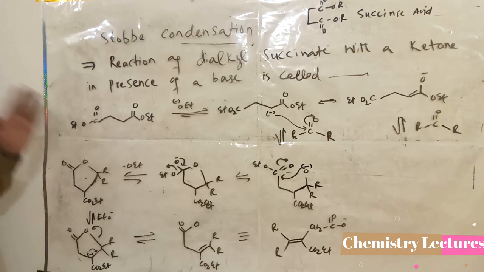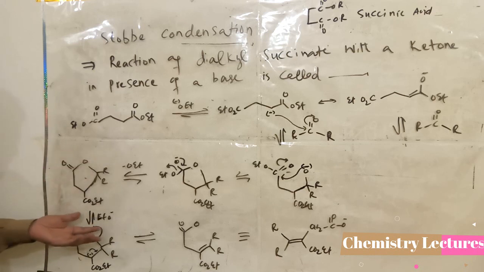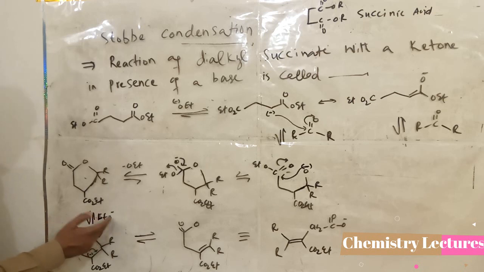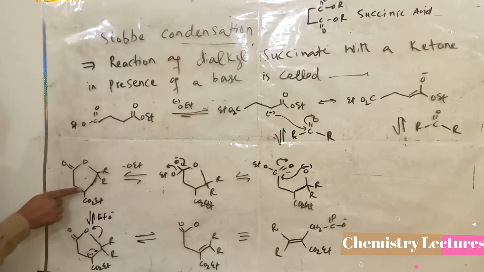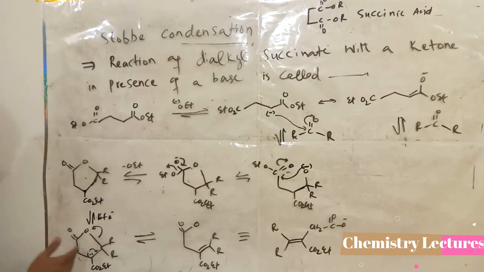In the same reaction conditions, another base molecule is present. This base molecule will remove the proton from this carbon, which is the alpha carbon, because this ester group is present. So this carbon is actually an alpha carbon, active methylene. The proton is removed from here and a carbanion is formed. Now this carbanion comes here. We will have a double bond between this R-containing carbon and this carboxyl-containing carbon, and this negative charge comes back here.